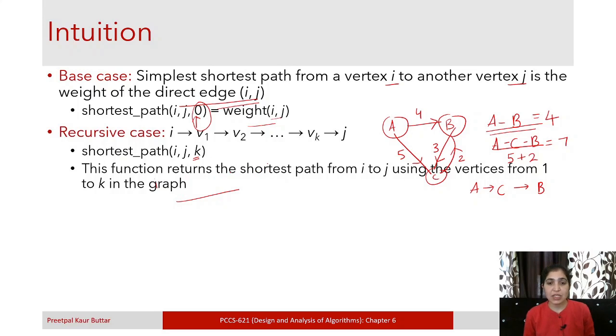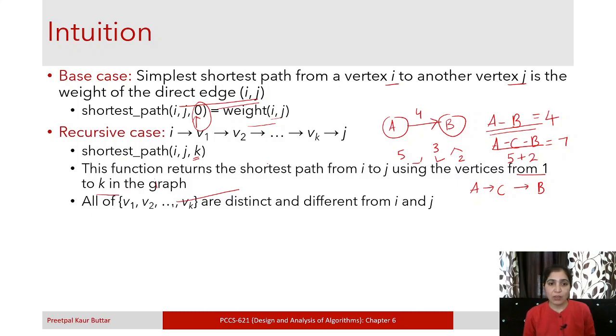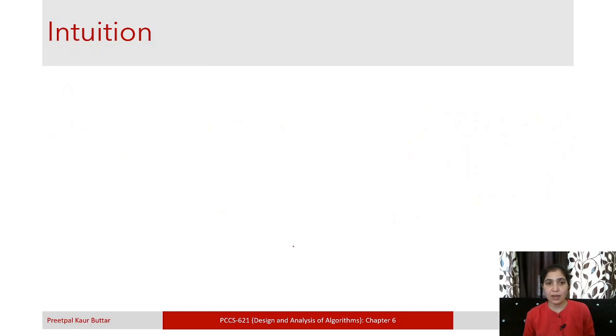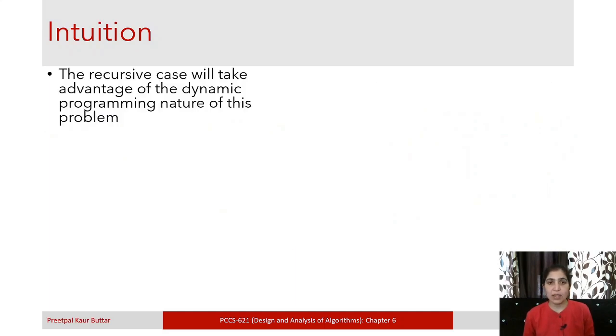This function returns the shortest path from I to j using the vertices from 1 to k in the graph, as I told you, and all of them are distinct and different from I and j. Okay, so what is the shortest path in the recursive case? So the recursive case will take the advantage of dynamic programming nature of this problem. How? So there can be two cases.